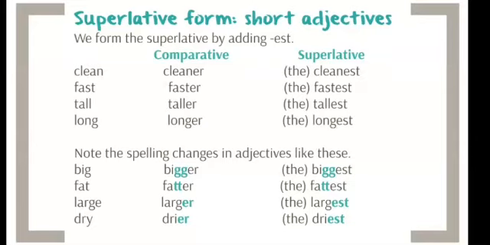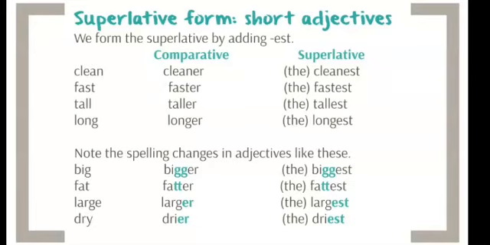Cuando vamos a hacer oraciones superlativas, así como a los comparativos les agregamos una ER, al superlativo le agregamos una EST. Pero antes del adjetivo agregamos la palabra the, ¿sí? Esto es para la forma de los adjetivos que son cortos, que solo están formados por una sílaba.